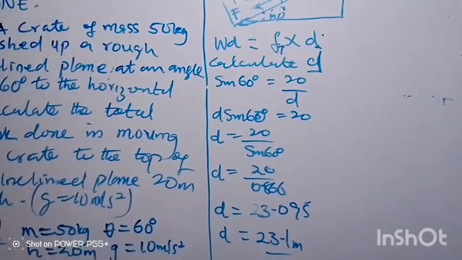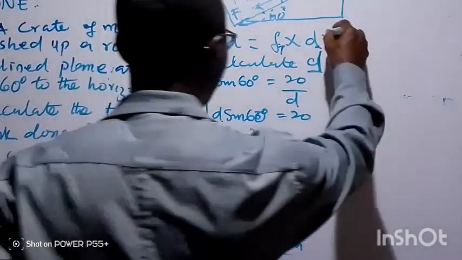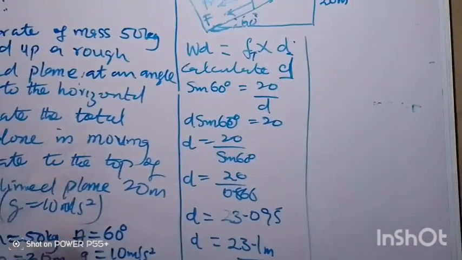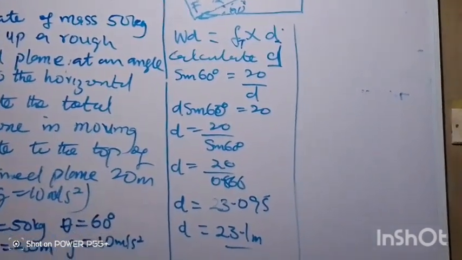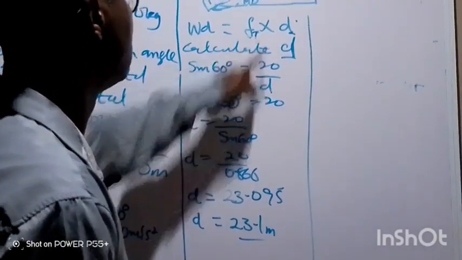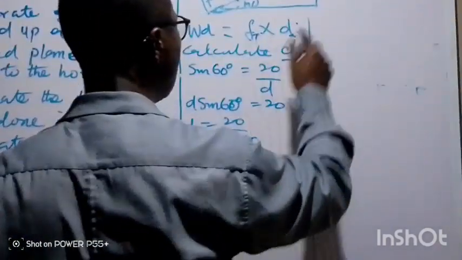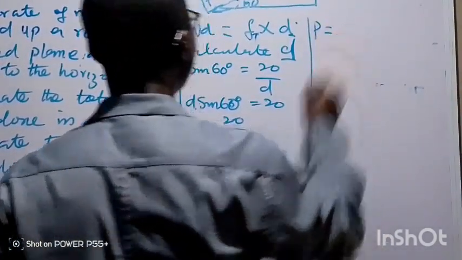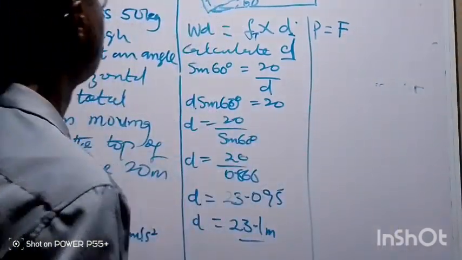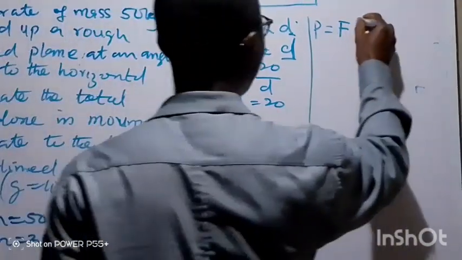Now, as I said, this question has combined coefficients of friction together with work done. Now to calculate the total force, our P will be equal to F, that is the parallel force, plus Fr.